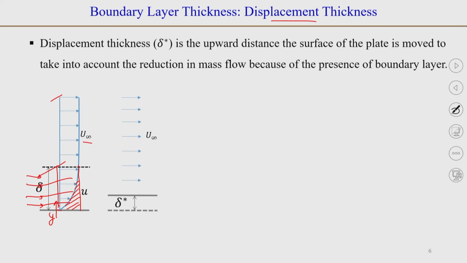So, if we can quantify this loss in mass in terms of thickness, that is what is done in terms of delta star, which we call displacement thickness.